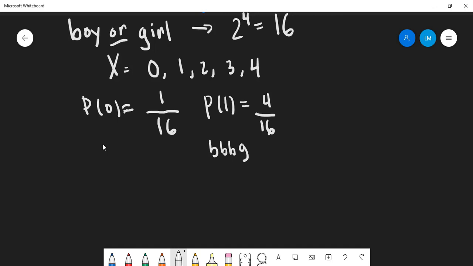Now similarly, for the probability of 2, you have 2 girls and 2 boys. Moving this around would actually be a little difficult, but if we just use the combination formula, that will work the same.